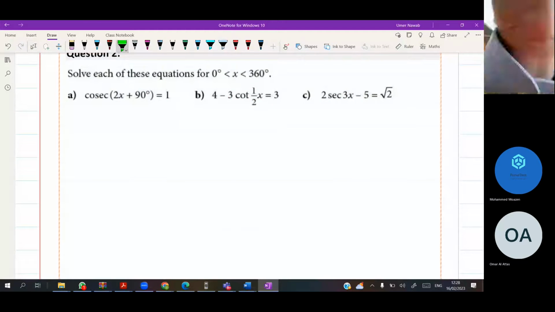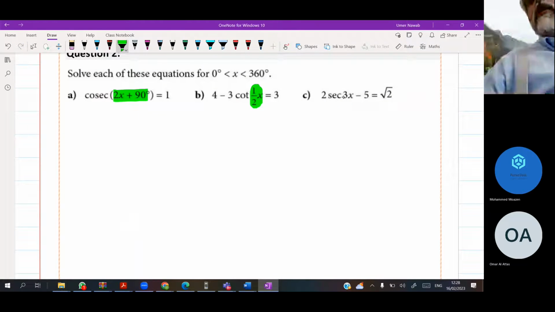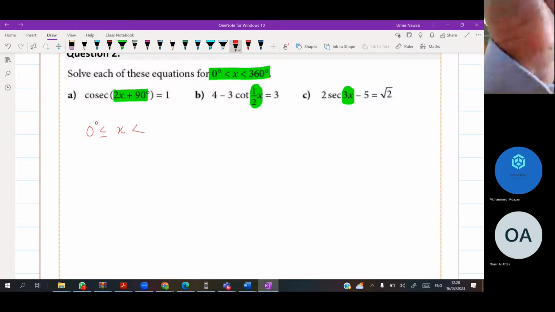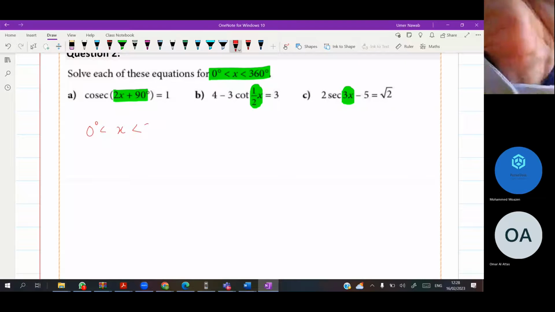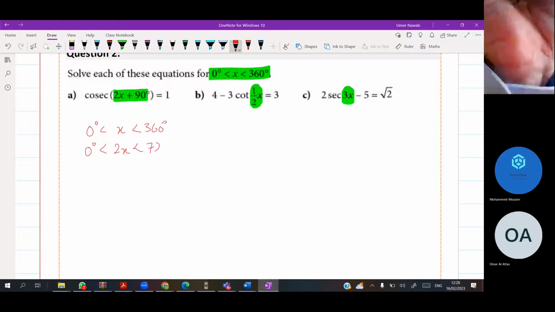Remember again, the guy has done 2x plus 90. He has done here half x. He has done here 3x. You need to redefine your domain. So he tells you 0 to x, 0 is not included, 360 degrees. You need to multiply by 2, so it gives you 2x and 720.